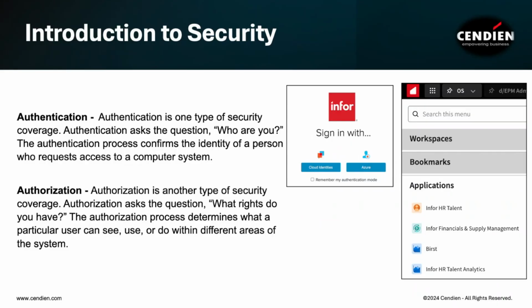You enter your credentials, prove your identity, and it logs you into the system. Then it goes to authorization. Authorization asks what rights you have. Once you are authenticated into the system, it will check what roles are assigned to you and what authorizations you have. You might have authorization to GHR, financials, Burst, and so on.